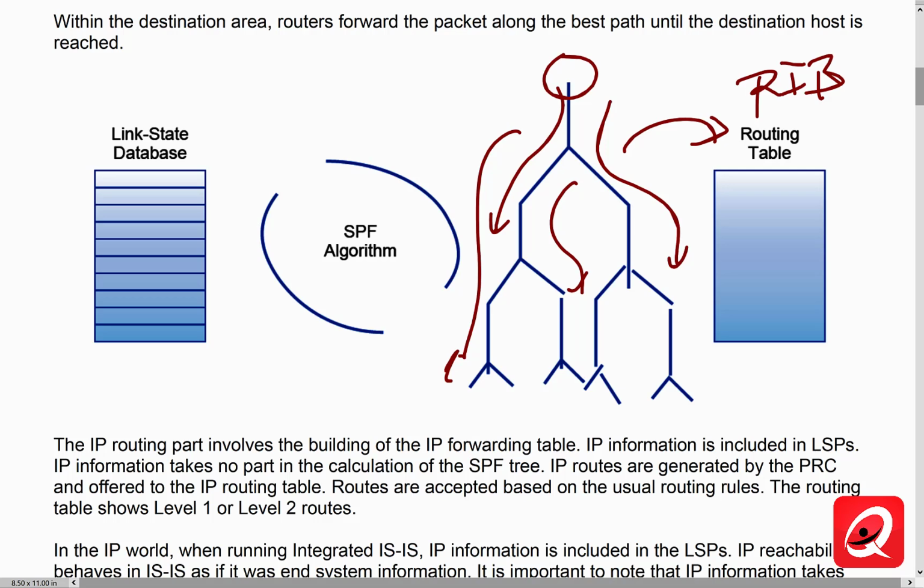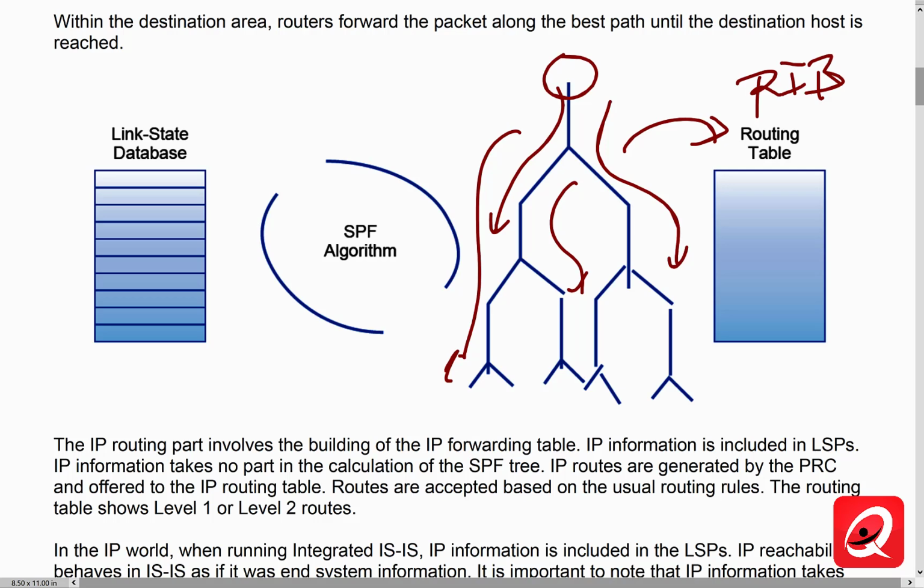When we're running integrated ISIS, the IP information, of course, is included in the link state packets, and IP reachability works pretty much the same way as it would in the case of OSPF. IP information doesn't actually take part in calculating the tree. It's the information about the destinations that we're trying to reach. So for the tree itself, we use the traditional CLNS, CLNP information to be able to calculate how to reach destinations.